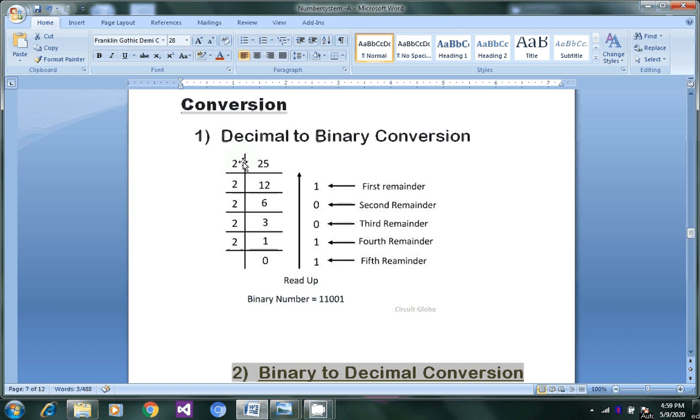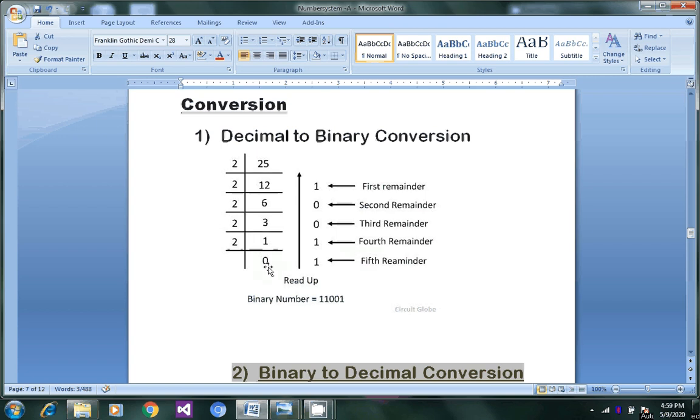You get 12 as quotient and 1 as remainder. Then divide 12 by 2. Again you get 6, with 0 as remainder. Then 6 is divided by 2, you get 3, with 0 as the third remainder. Then when you divide 3 by 2, you get 1 as the fourth remainder, and 1 is divided by 2.